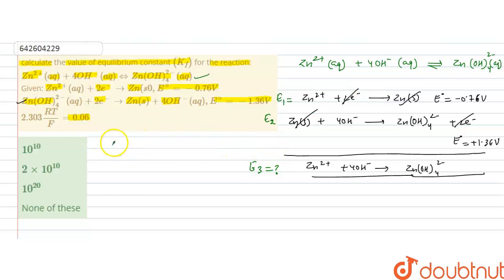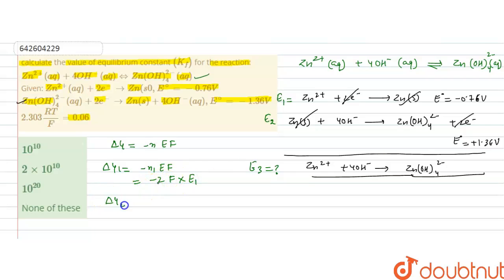Now as we know, delta G is equal to minus nEF. It means for this reaction delta G1 will be equal to minus n1 E1 F, and n1 for this reaction is 2 electrons, so it will be minus 2F E1.